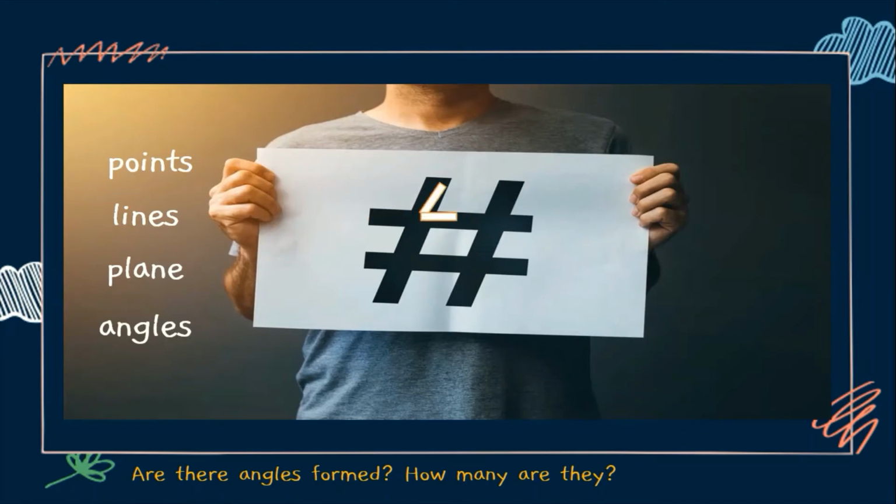Bilang pa tayo. 1, 2, 3, 4. So, 4 kanina, 4 ngayon. 8 angles na. 1, 2, 3, 4. Another 4 angles. 12 angles na. 1, 2, 3, 4. 4 angles ulit. So, meron tayong 16 angles.